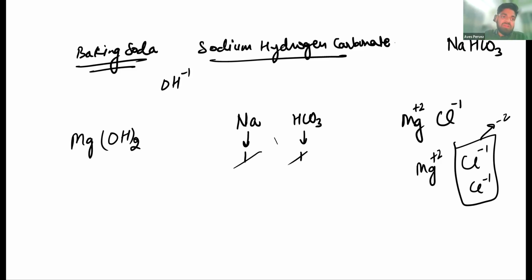If I'm going to write the formula of magnesium iodide, magnesium is going to have +2 and iodine is going to have -1. So 2 such -1 atoms will be required, so we'll have MgI2. So this is a trick for how we can write the formula.